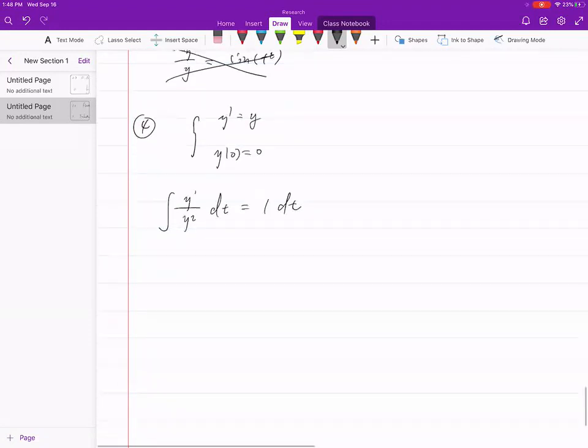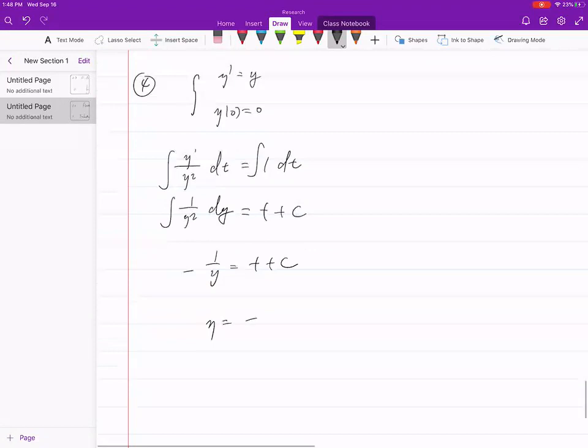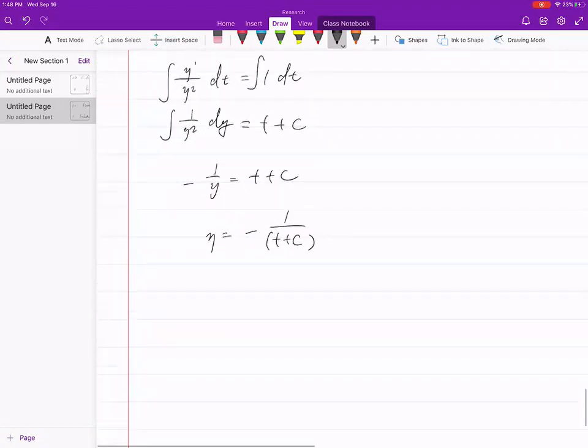After you realize it's separable, 1 over y squared dy equals dt, so negative 1 over y equals t plus c. Your y is negative 1 over t plus c. That's the solution. Okay, that's easy.